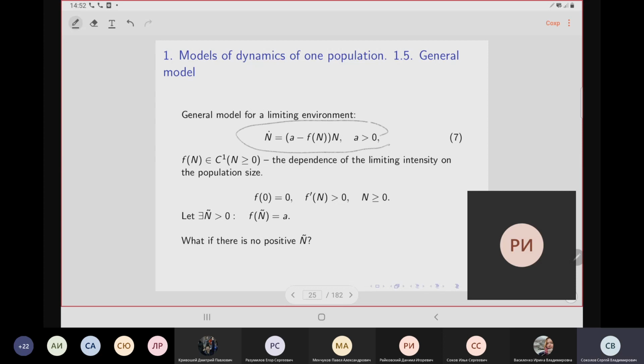A is a positive constant, and f of n will be our limiting intensity depending on the population size. So we consider function f of n to be differentiable in the positive region.